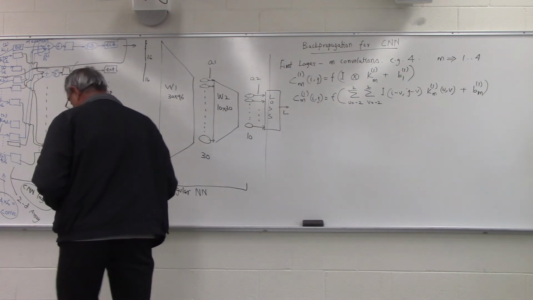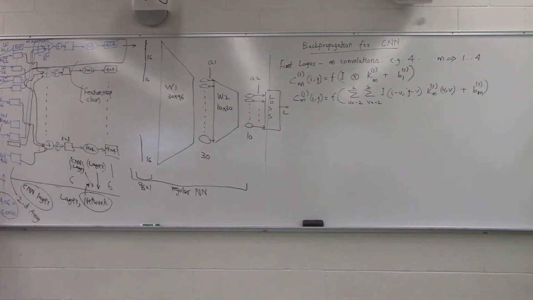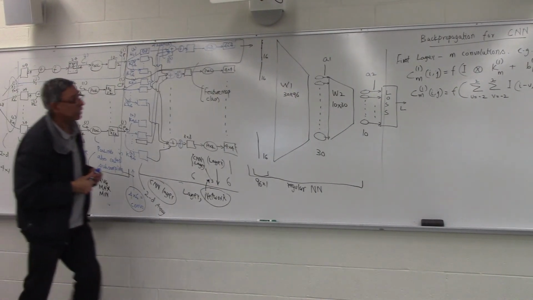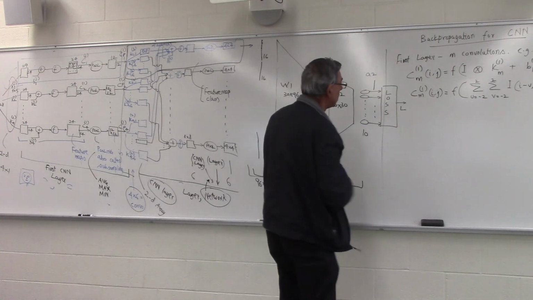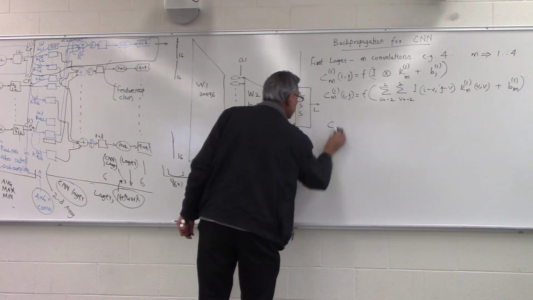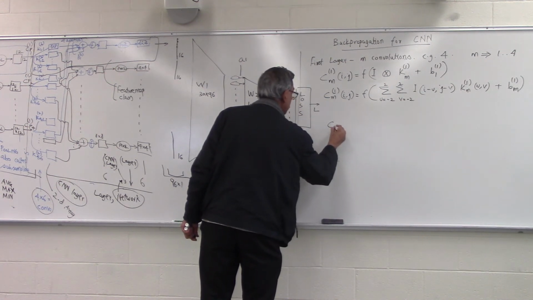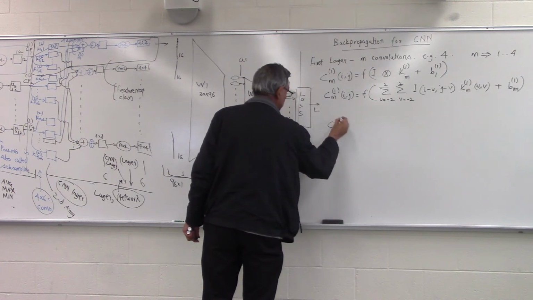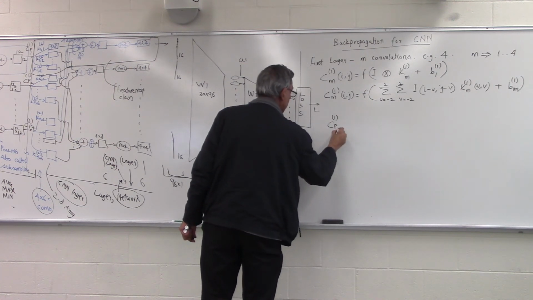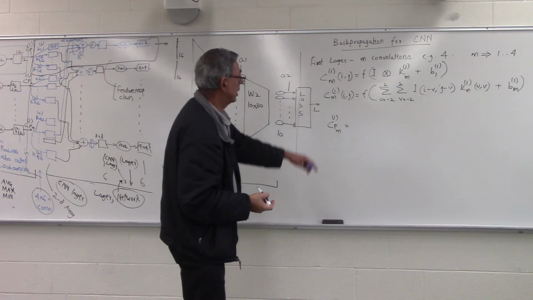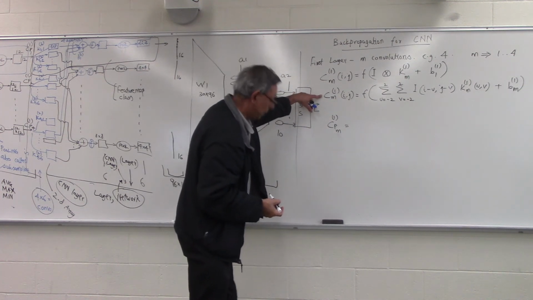Now let's go to, what did we call this? If you remember, after we do the pooling we call this CP1, CP2, and so on. For example, CP of 1, where m varies 1 to 4, is basically pooling on this particular output.